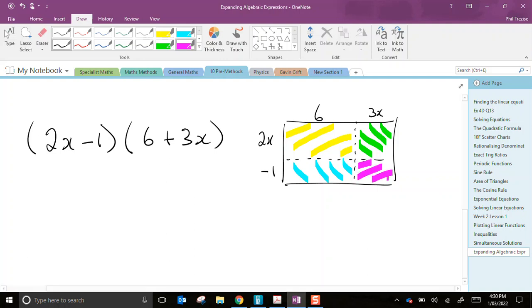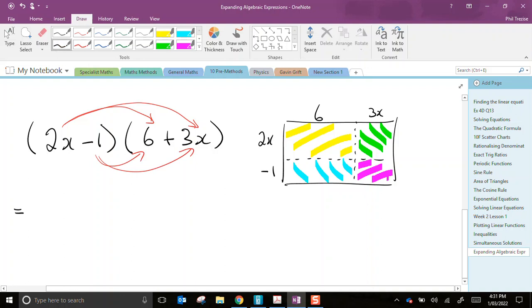So when there are two binomial terms, remember binomial means there's two parts, and both of them are binomial, it's no surprise that two things multiplied by two things, you get four different bits. Now you might have seen a diagram like this. The first term multiplies by both of them, then the second term multiplies by both of them. Now it doesn't really matter which way you think about it, as long as you remember that each part in the first bracket multiplies each part in the second bracket.